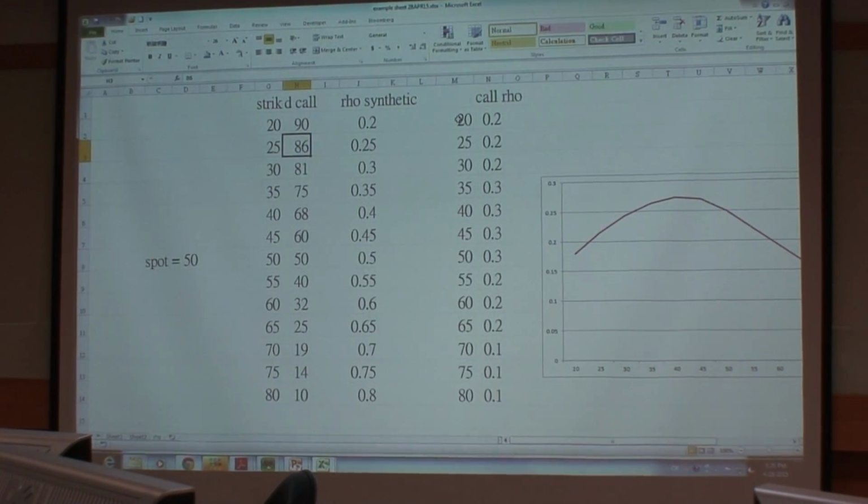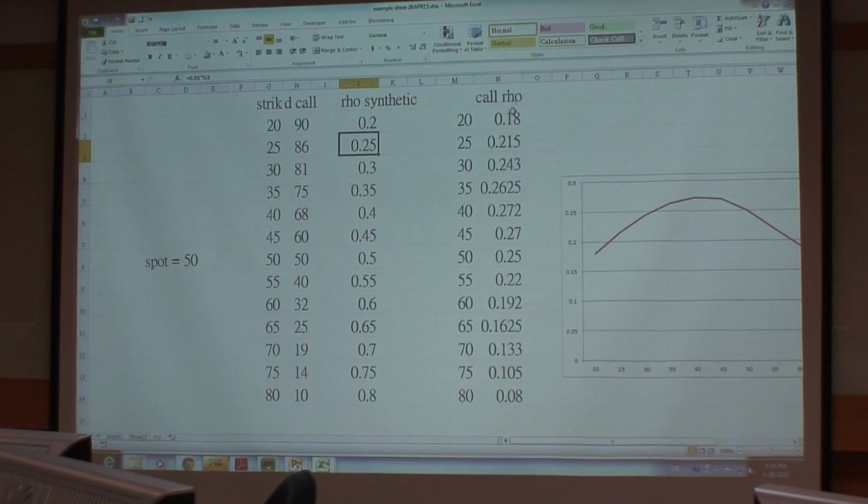So you see that I increase the row in the synthetic to a much higher extent than my delta decreases. So you see that the row of my call keeps increasing. But you also see that every time I raise the strike difference by 5, then the impact, my decrease in delta, gets more aggressive because we go towards at the money.